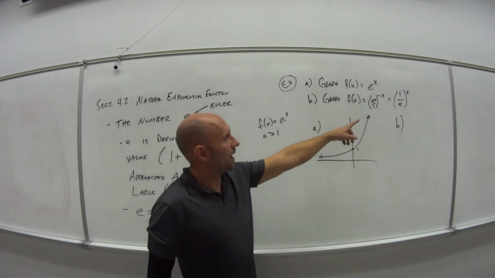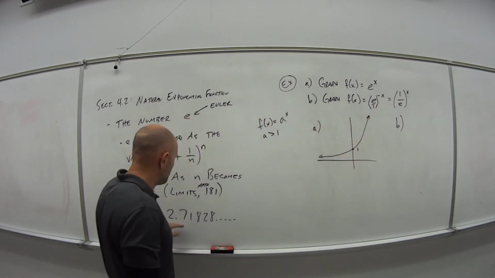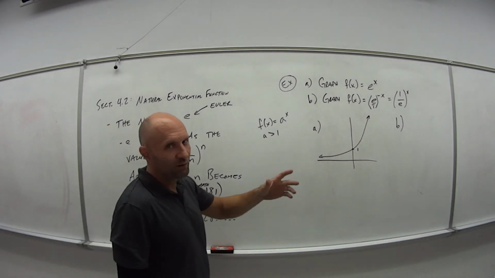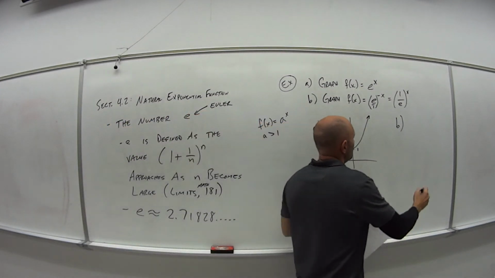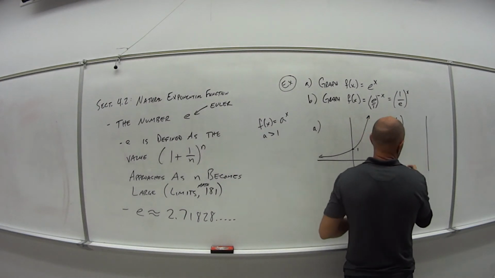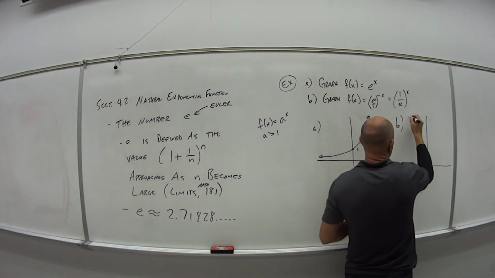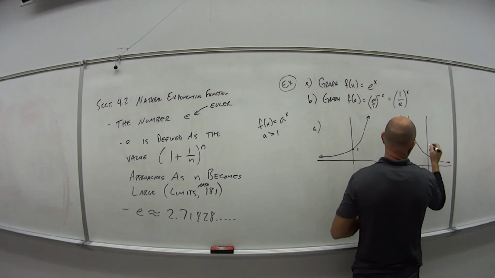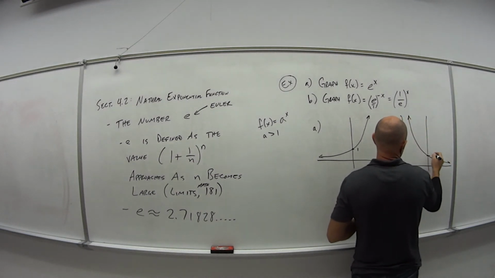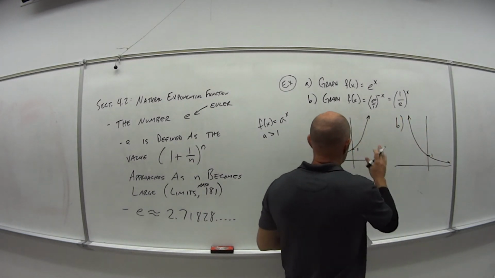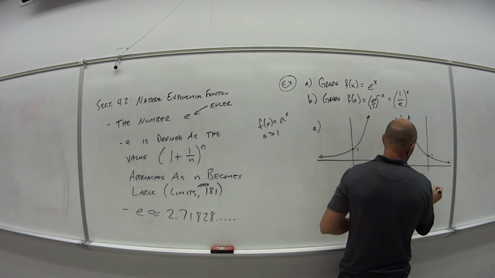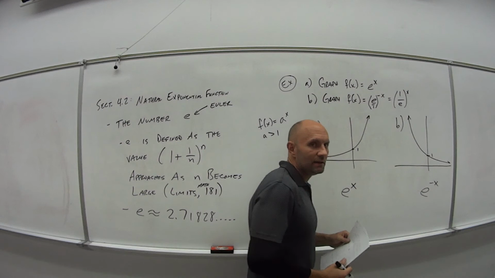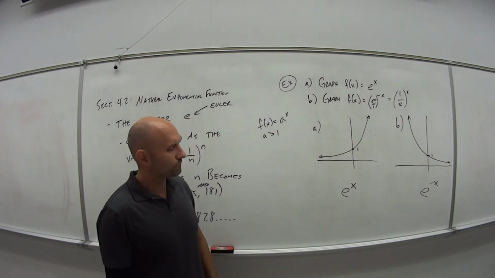So this number now is 1 over 2.7, etc., which is roughly a half, and we know an exponential with a fractional base looks like that. Again, going through the point (0, 1). So this is my graph of e to the x. This is the graph of e to the minus x.